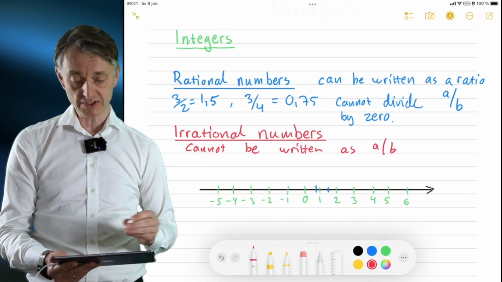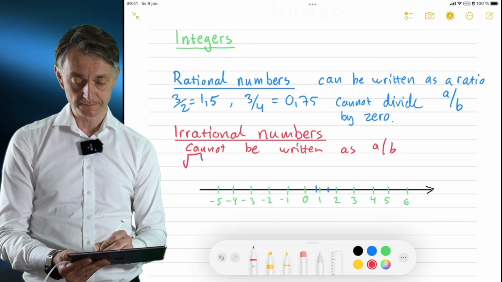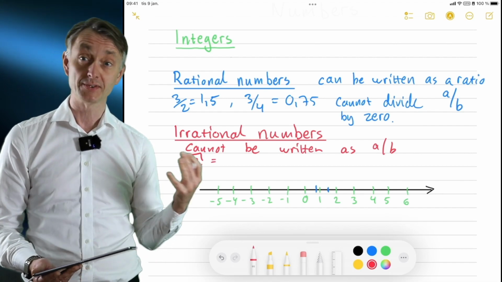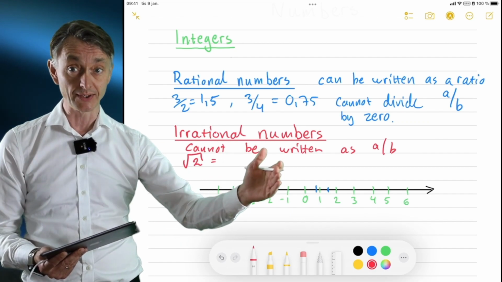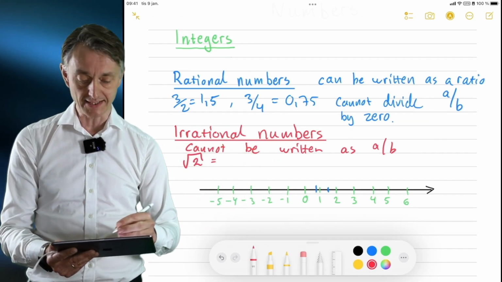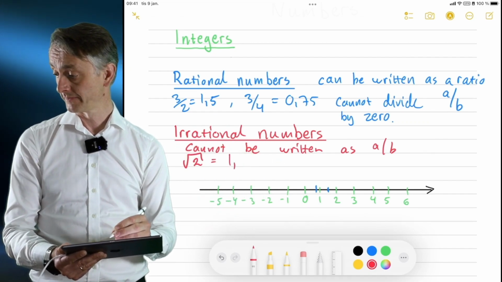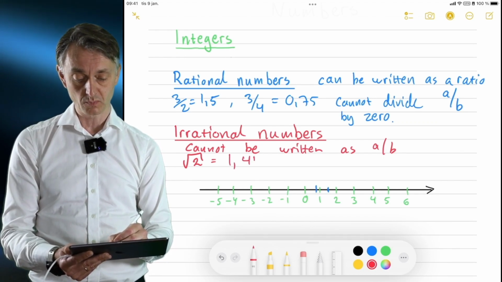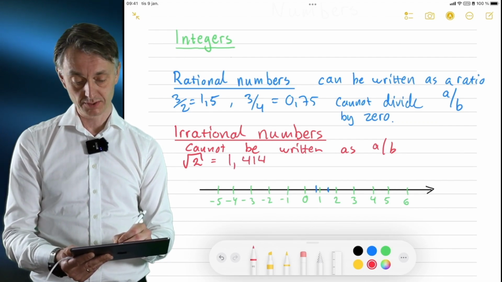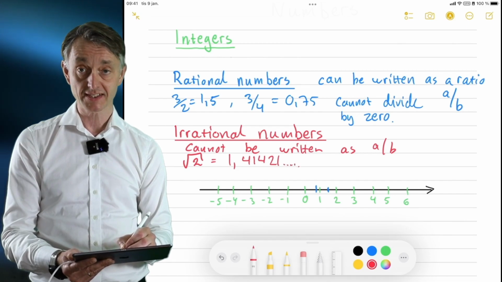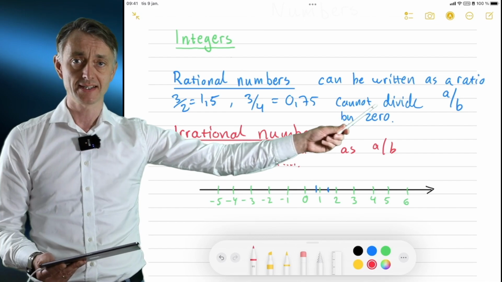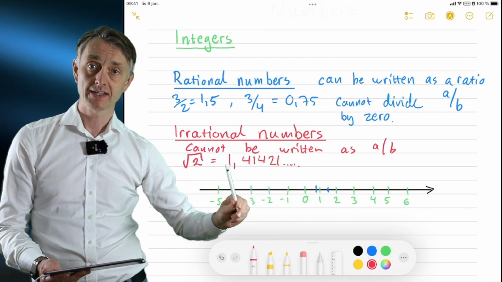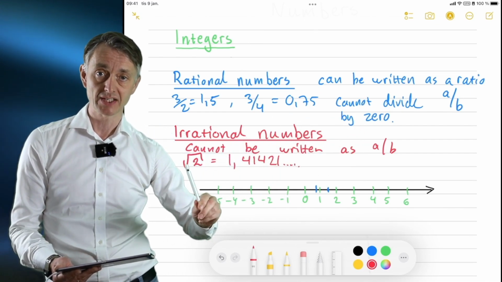Well, for example, the square root of 2. If you use a calculator and plug in the square root of 2, you're going to have a very long number. It's going to be something like this. 1.4142, etc., etc., and it goes on and on and on and on. So you can't write it as a ratio, and this is an example of an irrational number.